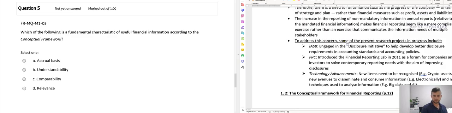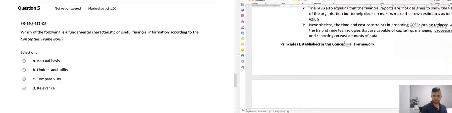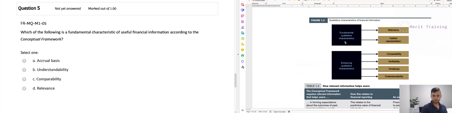Give me a second and I will find it. We could do a control F, but here we go. So we've got the fundamental and we've got the enhancing qualitative characteristics. So the fundamental characteristics are relevance and faithful representation. Since faithful representation is not on this list, it must be relevance. So we know the answer is D.